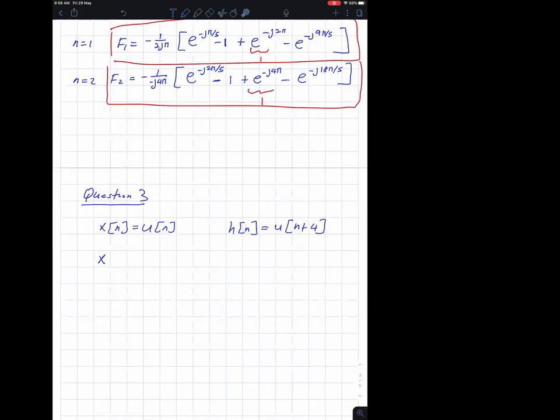One of them must be replaced with k. If you replace this with k, then you must replace this with n minus k.